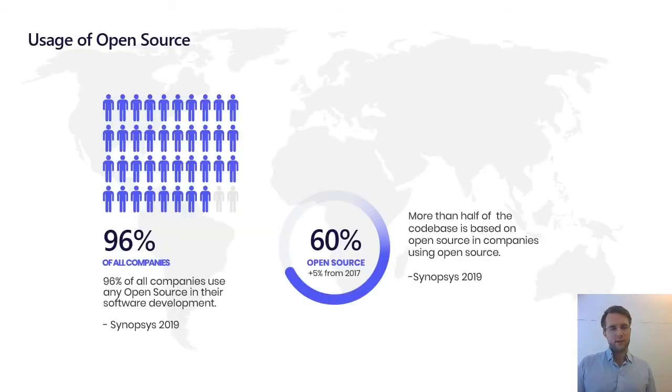In 2019, Synopsys conducted a research project where they found that 96% of companies that develop software use open source. And for those companies that use open source, about 60% of their code stack can be regarded as open source. Open source is an enabler of developing faster and better products and more secure products as well.